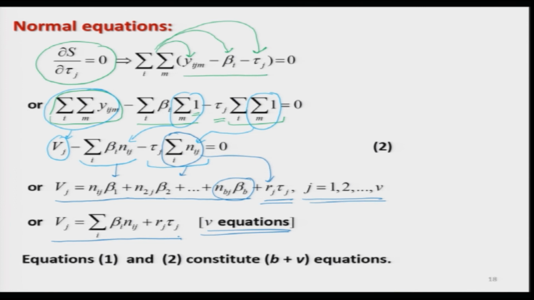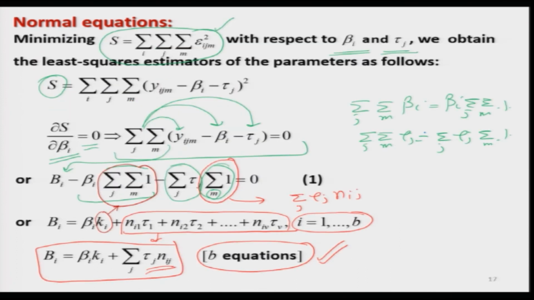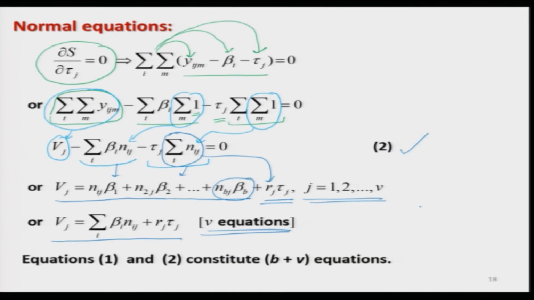Now this is equation number 2, and this is equation number 1. For equation number 1 the total number of equations is b, and for equation number 2 the total number of equations is v. So altogether we have b plus v equations.